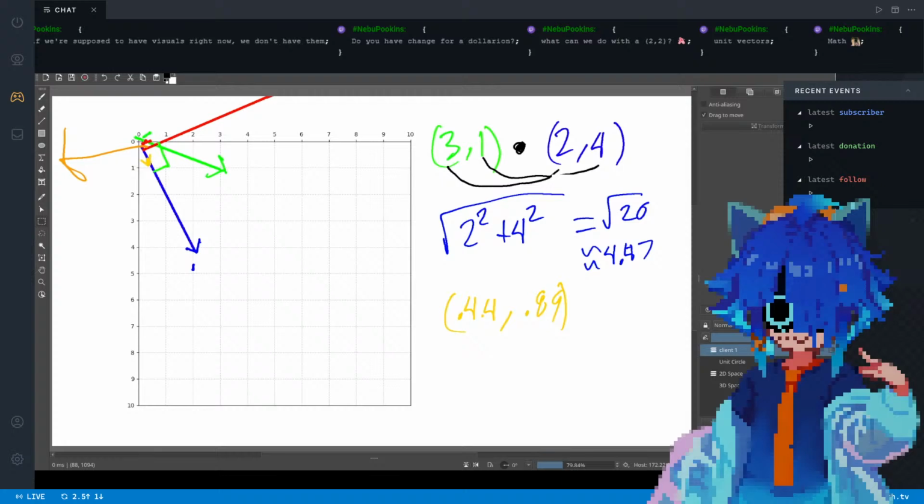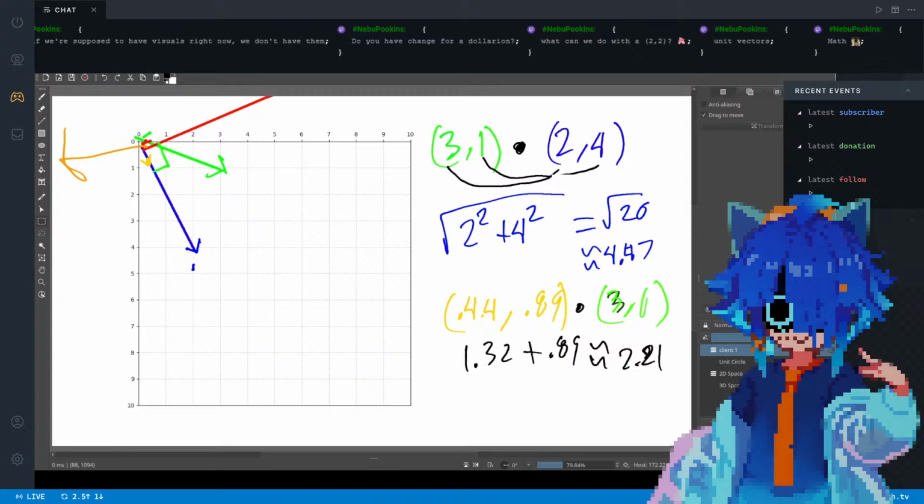And then we take the dot product of the other vector, 3, 1, with this. So we take 3 times 0.44, which is about 1.32. Add it to the 0.89, and we get about 2.21.